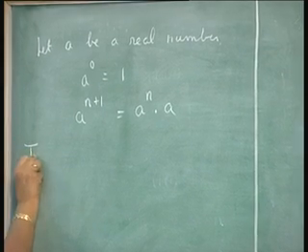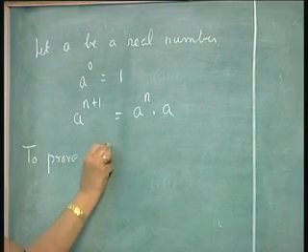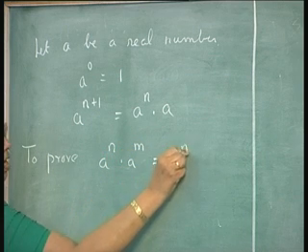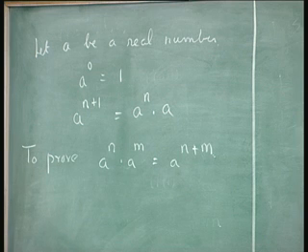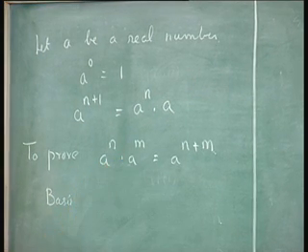Now, you want to prove a power n into a power m is equal to a power n plus m. You want to prove this. How do you prove? First, basis class. Here m is a natural number.